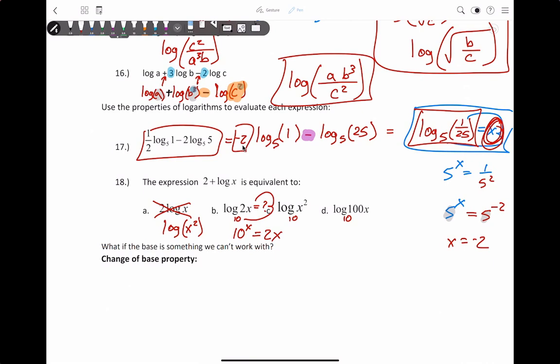Okay, so let me show you what I'm talking about. This really doesn't have that same property that's going on, because in this specific one, since we're adding 2, not multiplying, but adding 2, it's actually going to be this one right here. And let me show you why. Okay, first of all, if I rewrote this, I have a product between 100 and x.